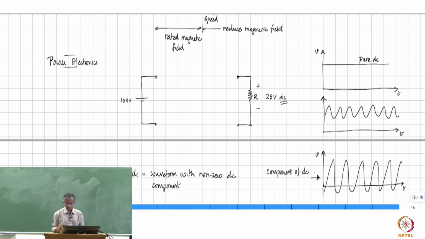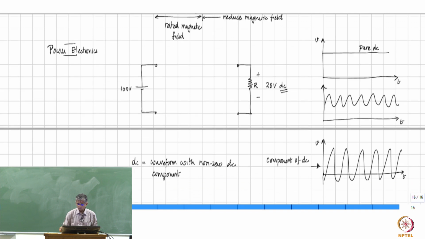Okay. Now therefore, when I say that I want to supply 25 volt DC to that resistance, the question is what form of DC? Do you require a pure DC, or can you do with some impurities, maybe not so undesirable, that need not be eliminated?